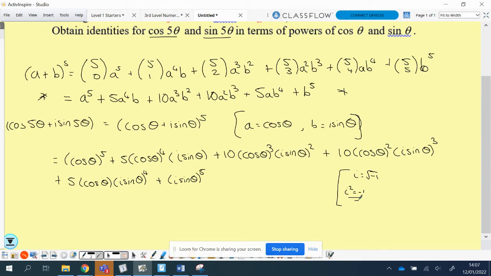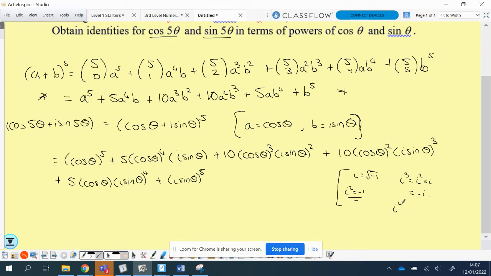Every time I get an i squared, I'm going to swap it with a -1. Then i cubed is the same as i squared times i, and if i squared is -1, that's -1 times i, which is -i. So the i squared becomes -1 like that.